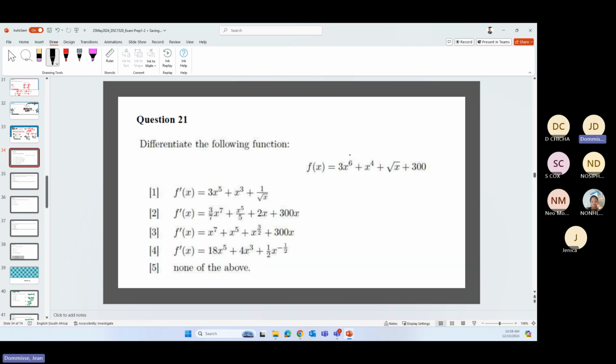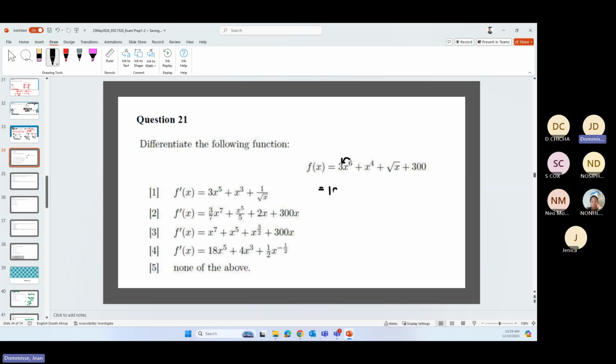So differentiate now. Remember, the 6 goes to the front. So 6 times 3 is 18. That becomes 6 minus 1. So we've got 18x. Let me rewrite this totally, because that was just not neat.